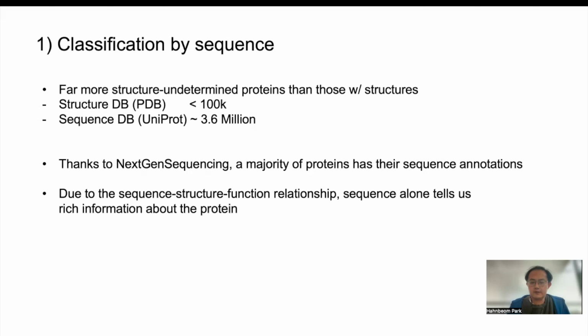Because of the sequence-structure-function relationship that we learned in previous lectures, sequence alone can be used to tell what protein this is and what function it does. So sequence-based classification is still a very useful tool, even though you don't know the structure.